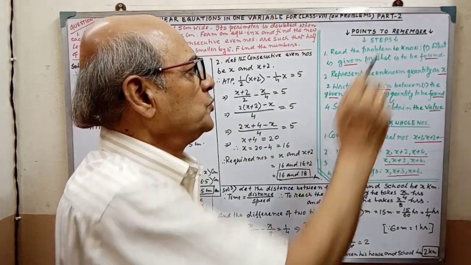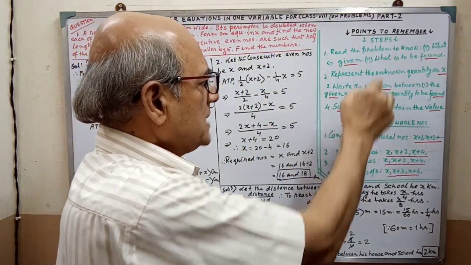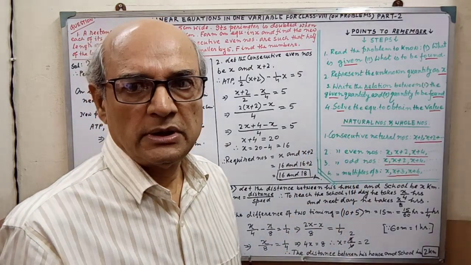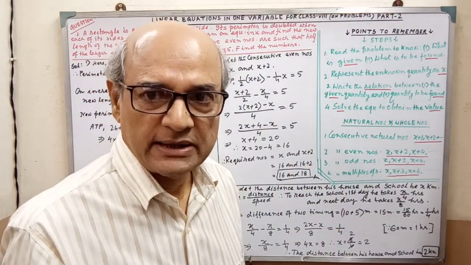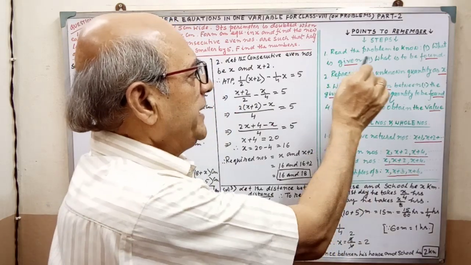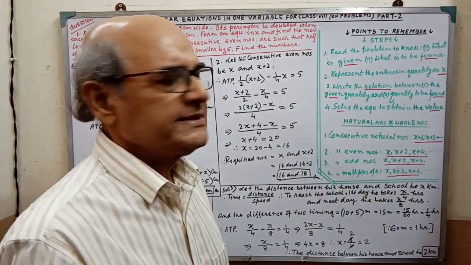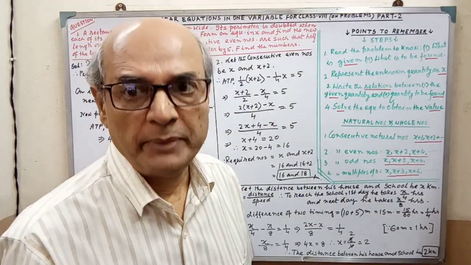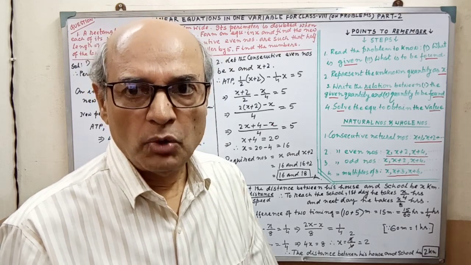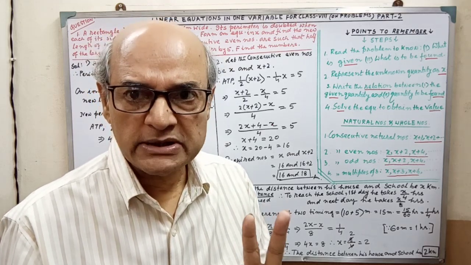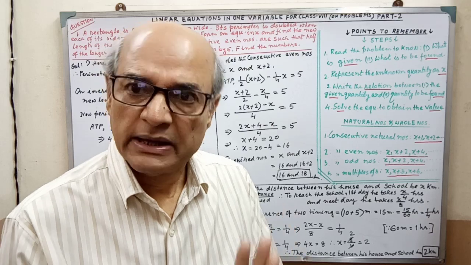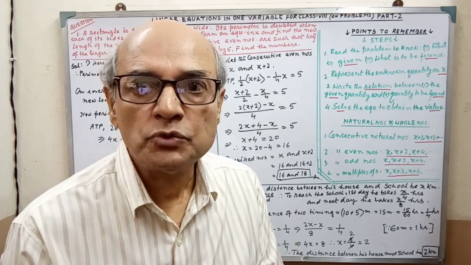See, points to remember. These are the points. There are 4 points. Pay your attention, easily you will understand. Read the problem to know what is given and what is to be found. When you are reading the problem, 2 things you have to remember: what is given in the problem and what is to be found.